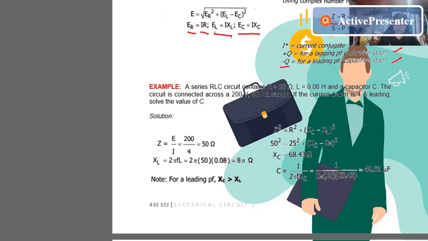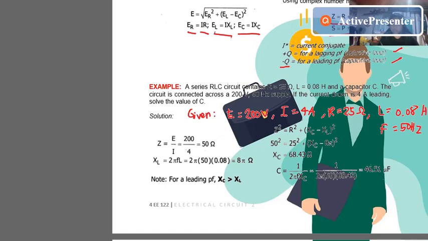So first, we need to write our given. Our E is 200 volts and our I is 4 ampere. Our R is 25 ohm, our L is 0.08, and our F is 50 Hertz.